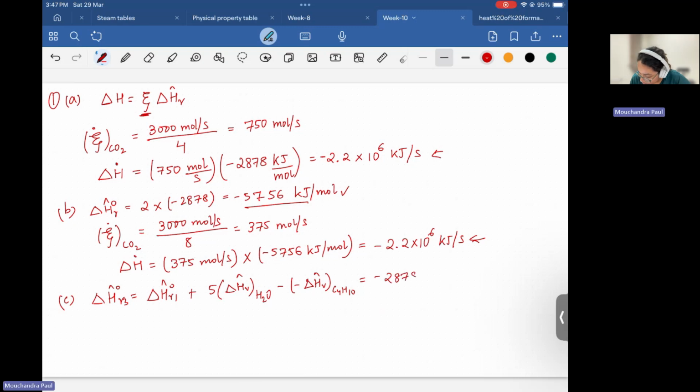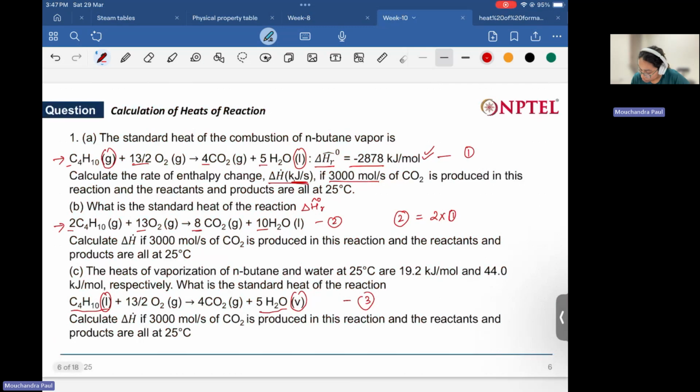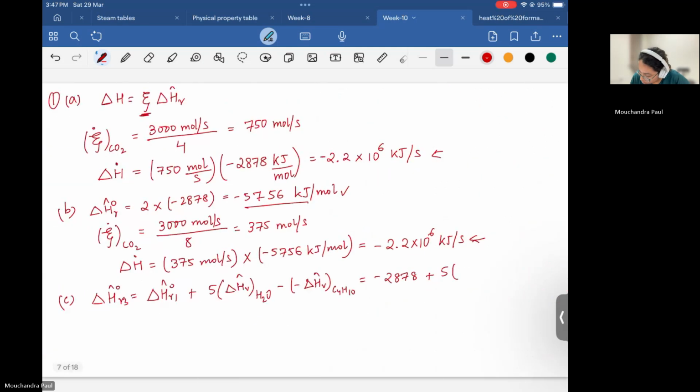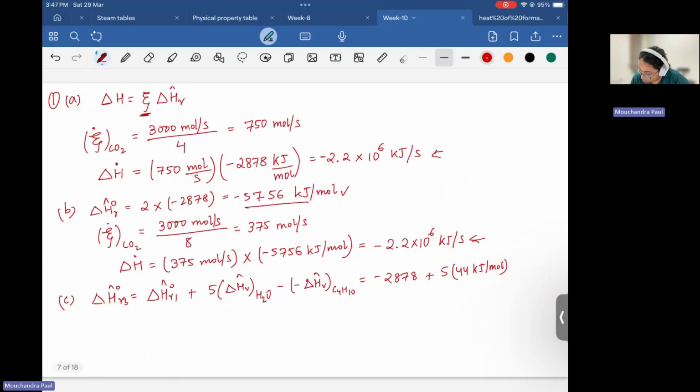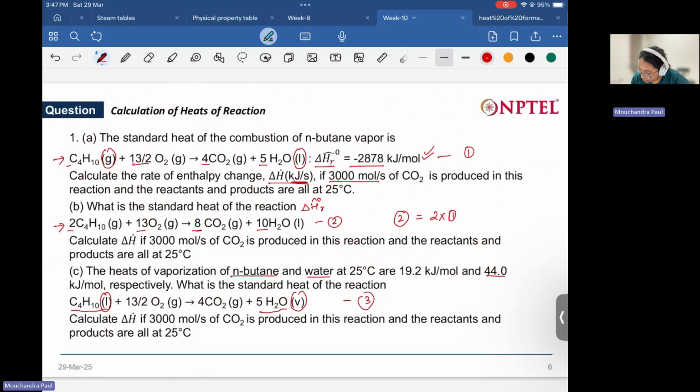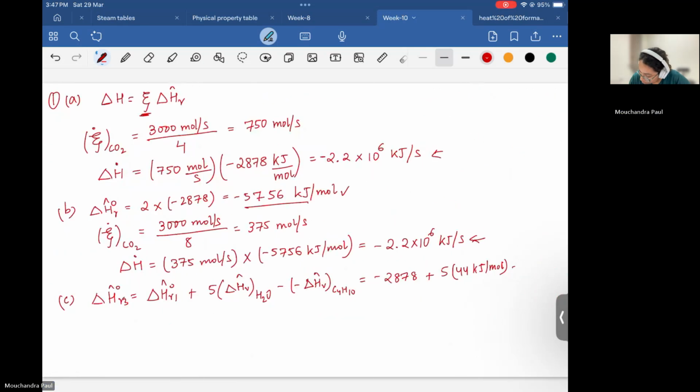So this will give us minus 2878 plus 5 into, here heat of vaporization of water is 44 kilojoule per mole, and for N-butane it is 19.2 kilojoule per mole.